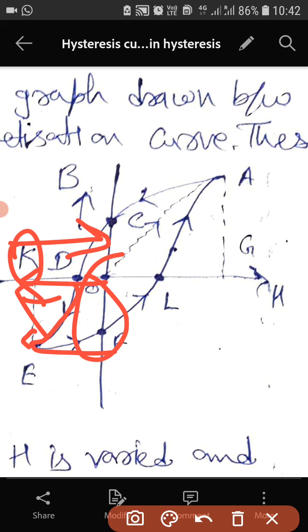Then, increasing H again in the positive direction from O to L, at that point B will become 0.